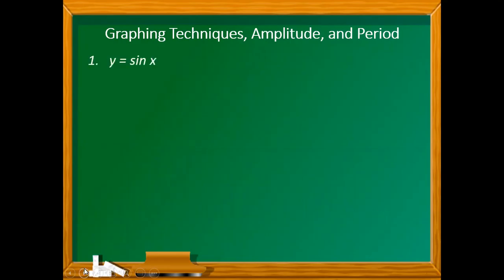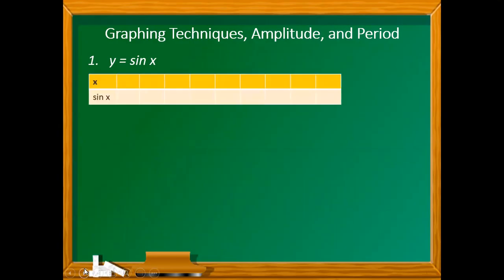Now, we will be selecting key values. For example, in graphing y equals sine x, we have to note that the period, again, is equal to 2 pi, with one interval of the graph from 0 to 2 pi. So we will be selecting points.